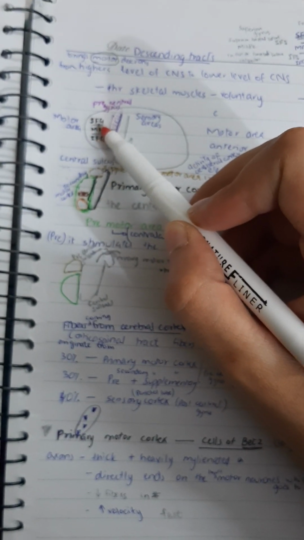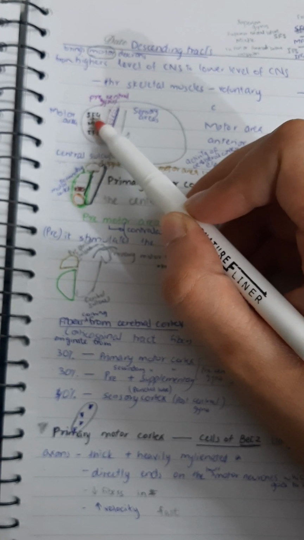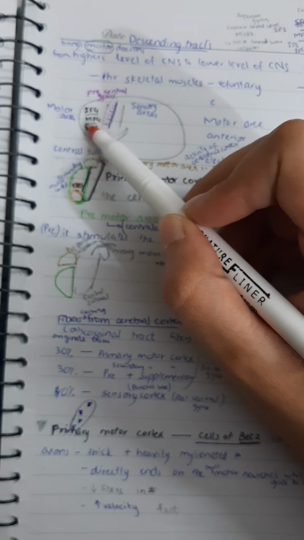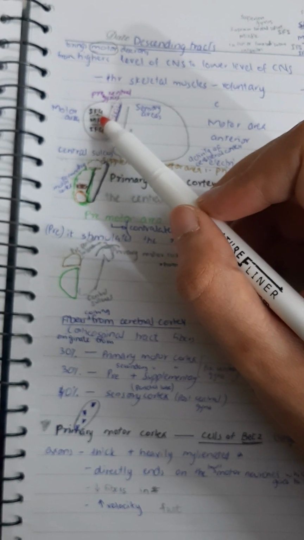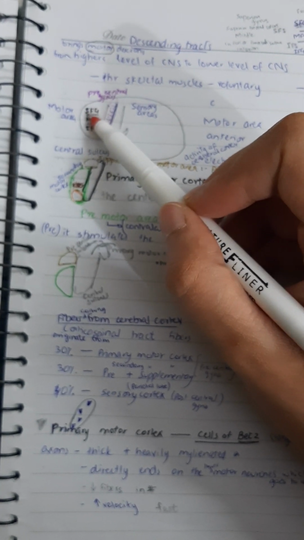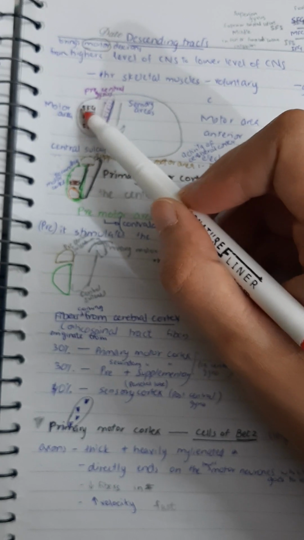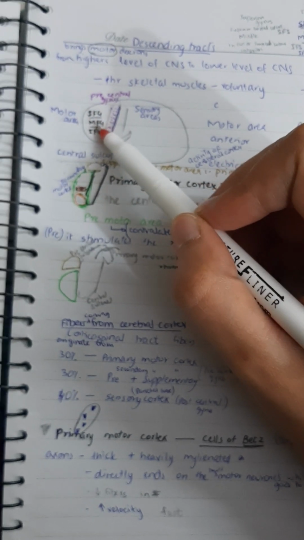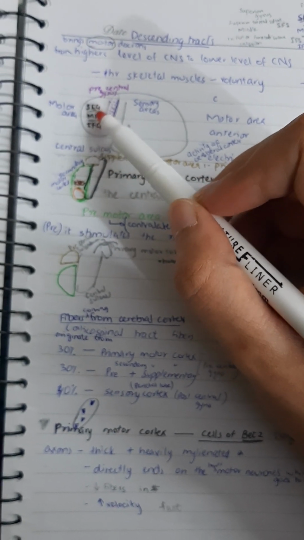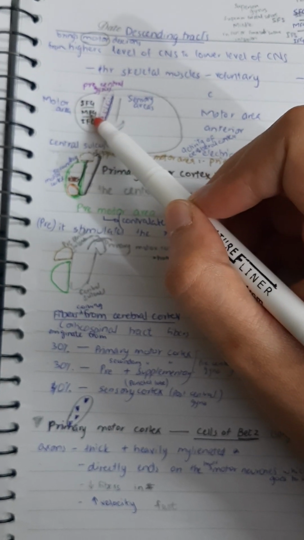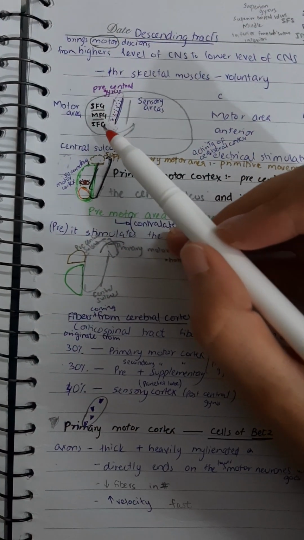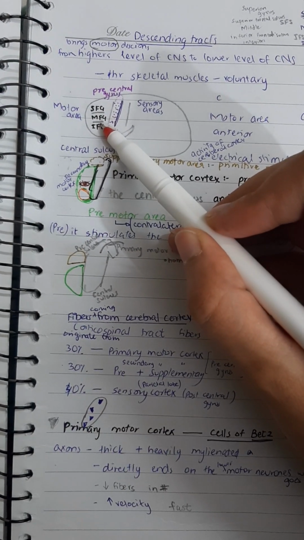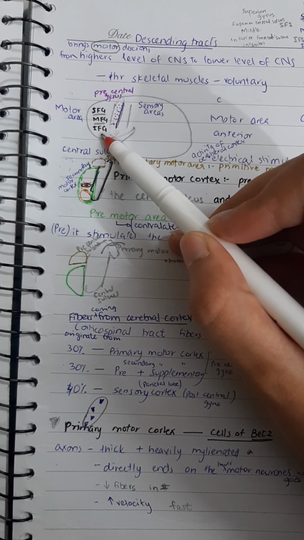You also have a superior frontal sulcus and an inferior frontal sulcus. On top of your superior frontal sulcus you have your superior frontal gyrus, in between your superior frontal and inferior frontal sulcus you have your middle frontal gyrus, and below your inferior frontal sulcus you have your inferior frontal gyrus.